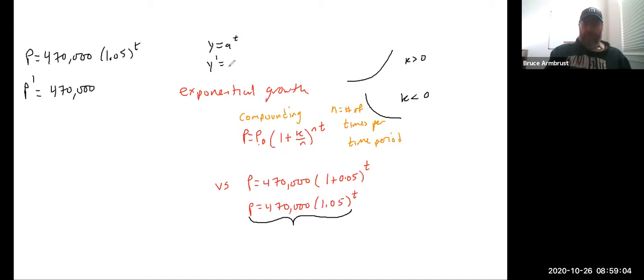Okay, so there's going to be a natural log. I'm not going to bother taking a natural log, Aris, because we already did it for every possible one. But it's just that same A to the T times the natural log of A. So that means that this is going to give us the natural log of 1.05 times 1.05 to the T.